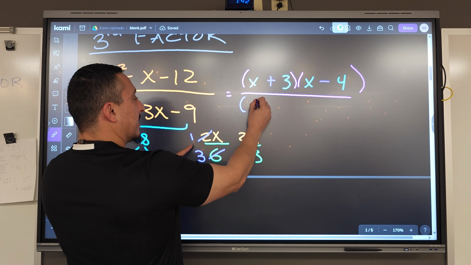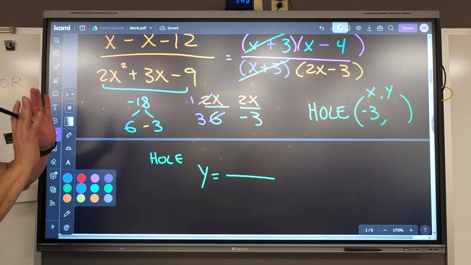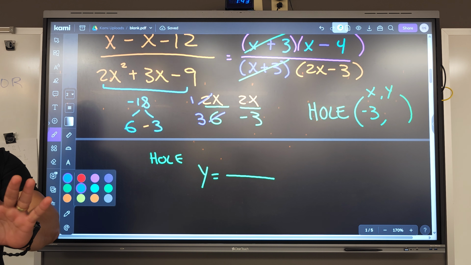Now I need the y of the hole. The y comes from the leftovers. So what's left over after you canceled? x minus 4 and 2x minus 3. I know that for my hole x equals negative 3.